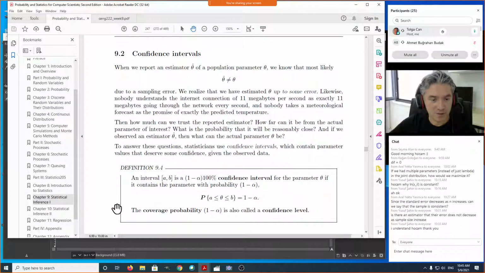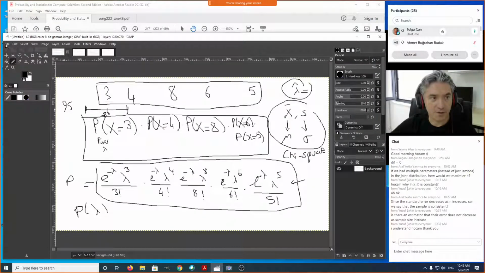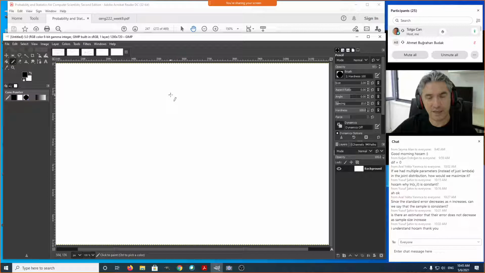So the confidence interval we are going to be building is going to be something like this. You're going to see techniques to build confidence intervals for different estimates like the population mean, or the difference between two population means.